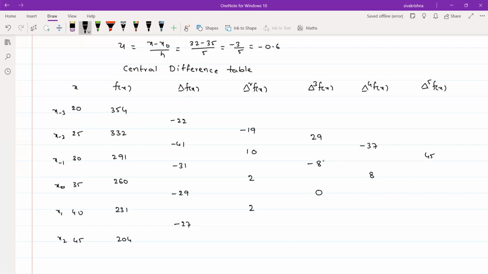The corresponding y values are: this is y suffix minus 3, this is y suffix minus 2, this is y suffix minus 1, this is y naught, this is y1, and finally this is y2.